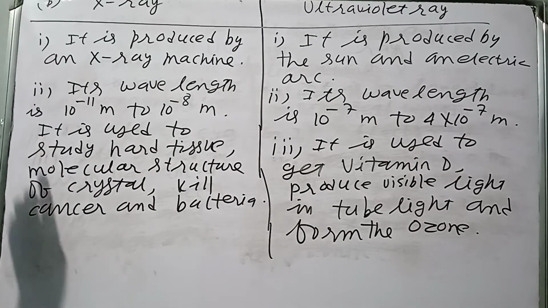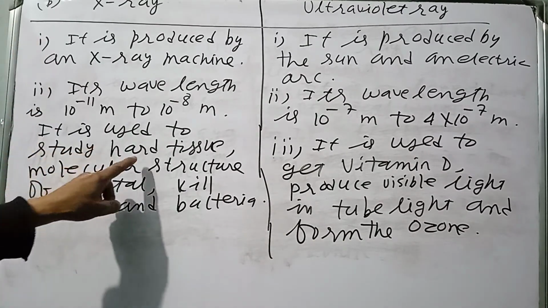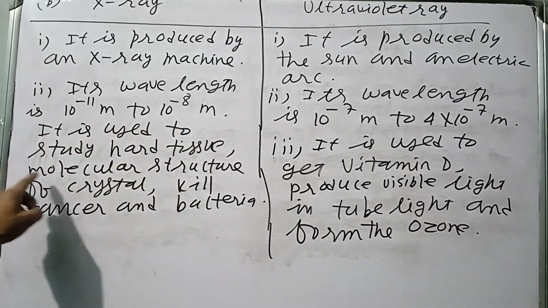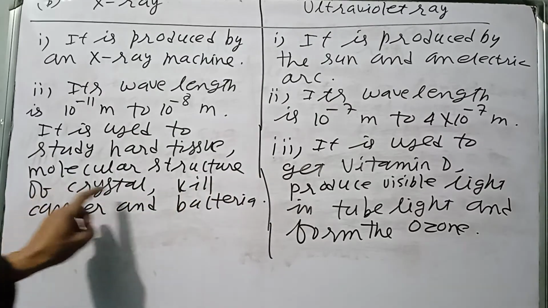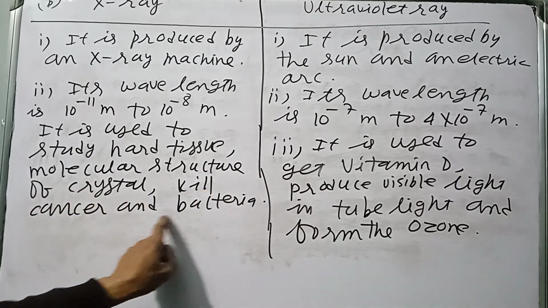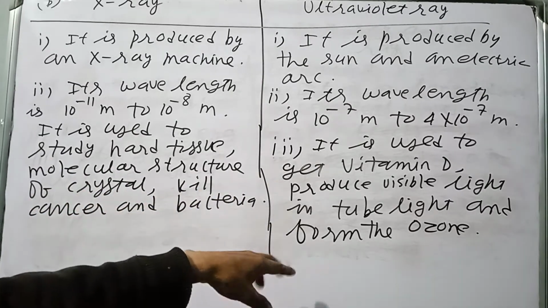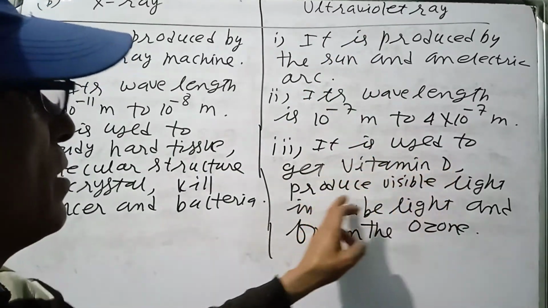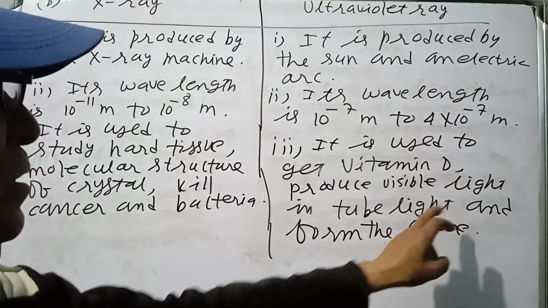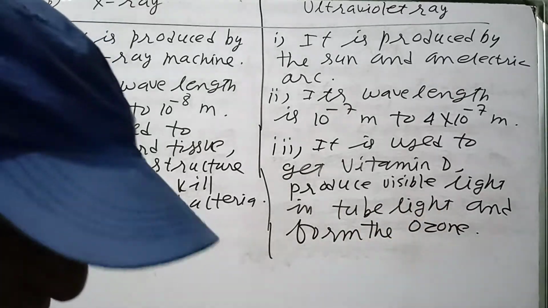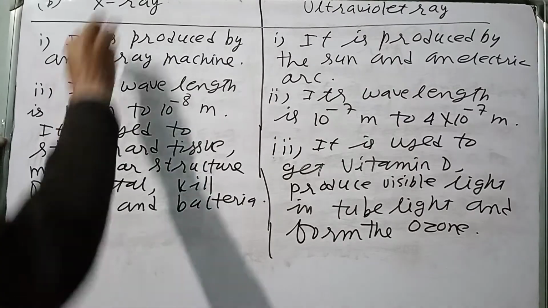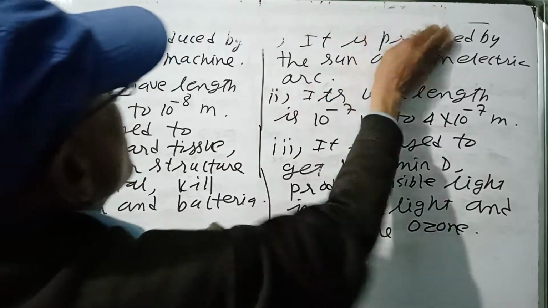X-ray is used to study heart tissue like bone, cartilage, molecular structure of crystal, and kill cancer and bacteria in the dairy industry. Ultraviolet ray is used to get vitamin D, produce visible light in tube light and form the ozone. See, these are some of the main differences between X-ray and ultraviolet ray.